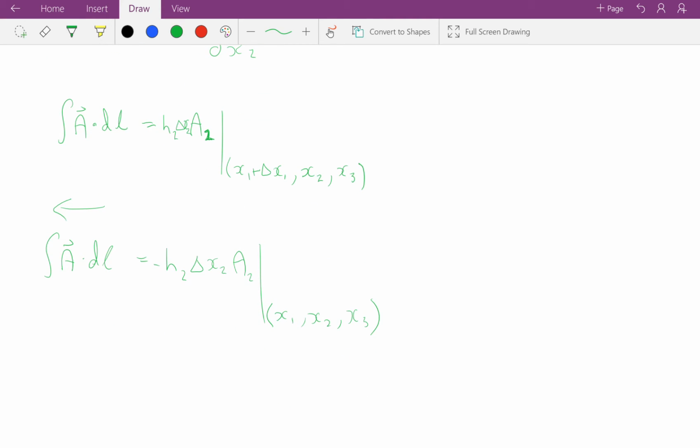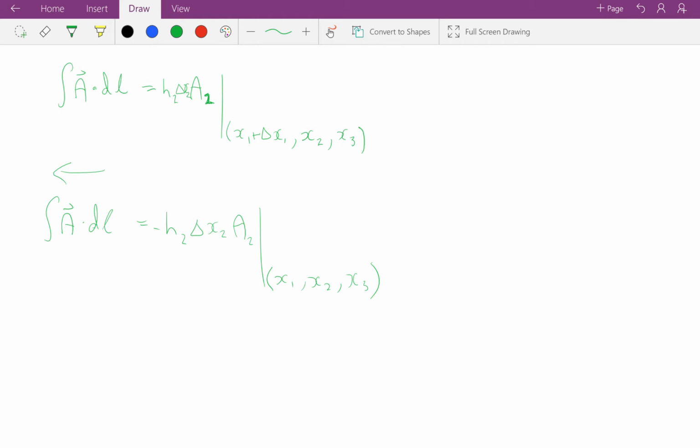multiply by delta x1 and divide by delta x1, and end up with a similar expression. So we have delta x2. I'm going to multiply by delta x1 now.